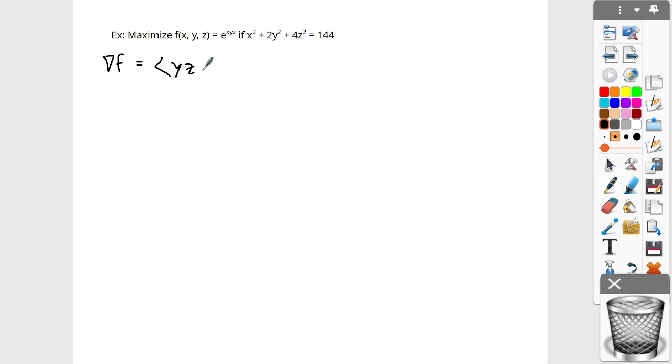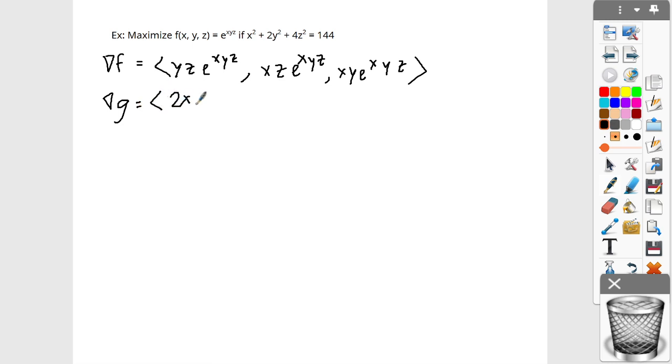So the gradient of f is (yz e^(xyz), because it just copies itself and then you take the derivative of the top, which is yz; xz e^(xyz); xy e^(xyz)). Nabla g, or the gradient of g, is (2x, 4y, 8z).